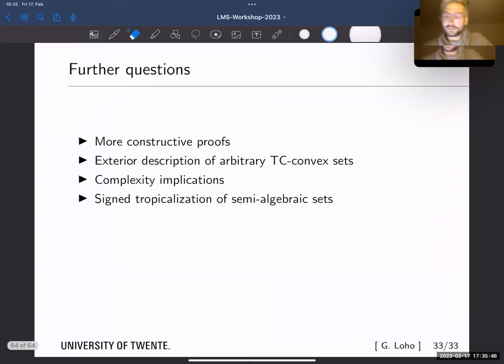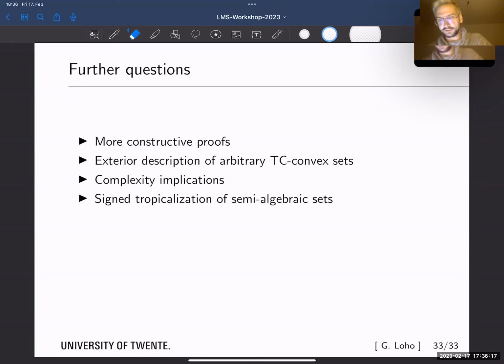And purely on signed tropical convexity, there are many open questions. Really, our proofs are very technical. It's very hard to get something explicit. We had to go through a lot of machinery of these hemispaces and abstract convexities to get these representations, and we would be happy to get more direct results here.